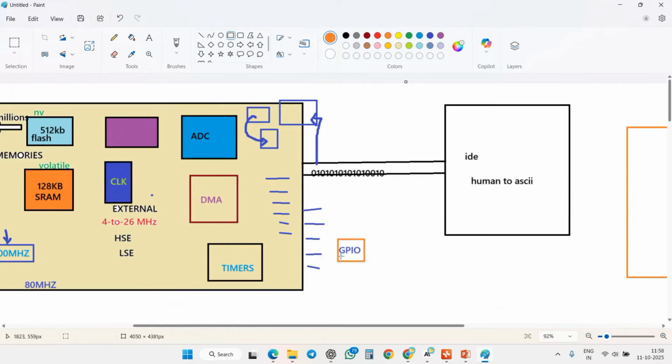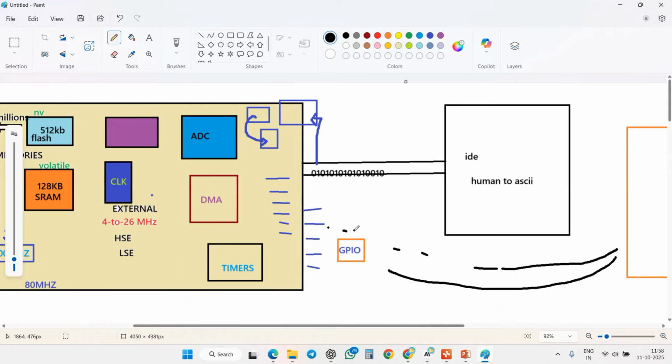A GPIO can transmit data from one microcontroller to another, sending or receiving, so they communicate with each other only with the help of GPIO. Other than that, we can use it for analog purposes and for multiple alternate functions. Are you clear up to this point, guys?